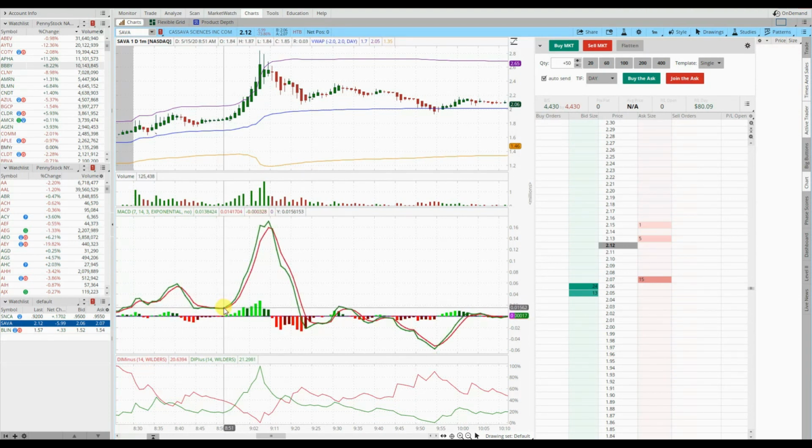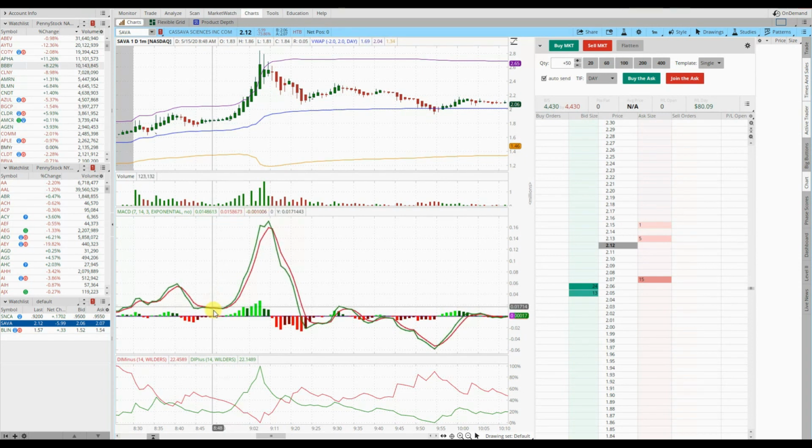This green line going over the red line gave me an entry point a little earlier than the standard MACD would. So the standard MACD was giving me the entry about right here, right where the DI minus and DI plus are starting to cross and be bullish. This MACD with the 7-14-3 is giving it to me two candles before that.